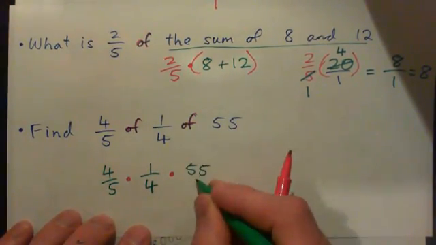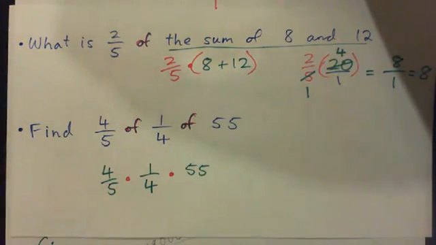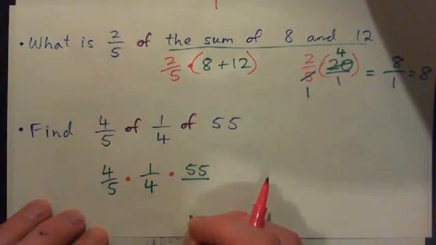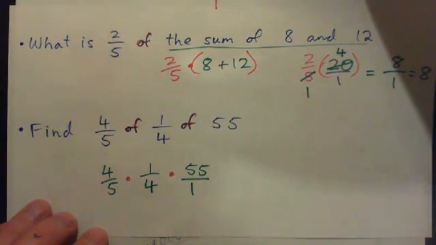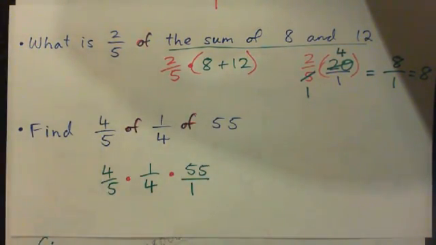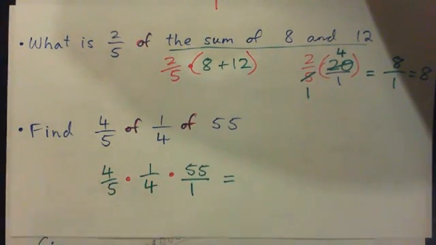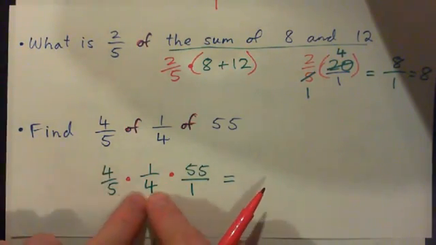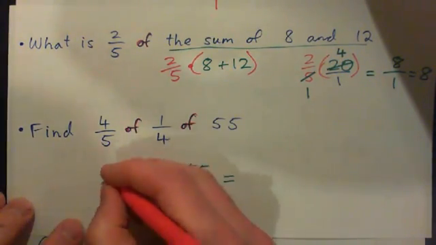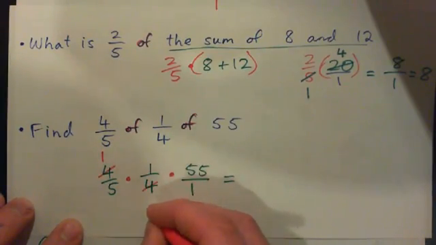The other thing is, you might want to turn 55 into a fraction. 55 over 1, right? Now cross cancel common factors, see what happens. How about the 4s? Is there a 4 in the top, 4 in the bottom? See that? So 4 into 4 goes once. 4 into 4 goes once.